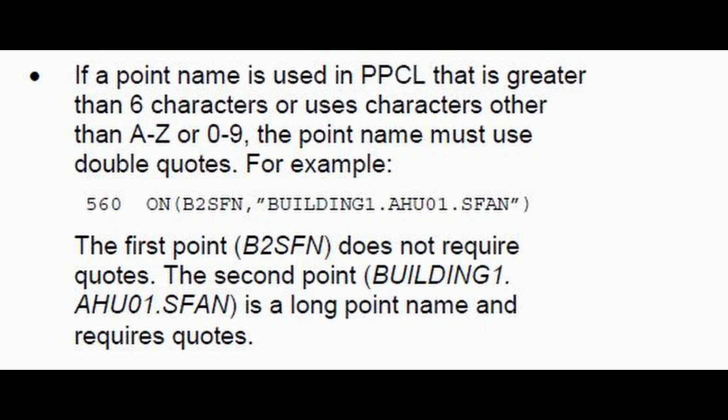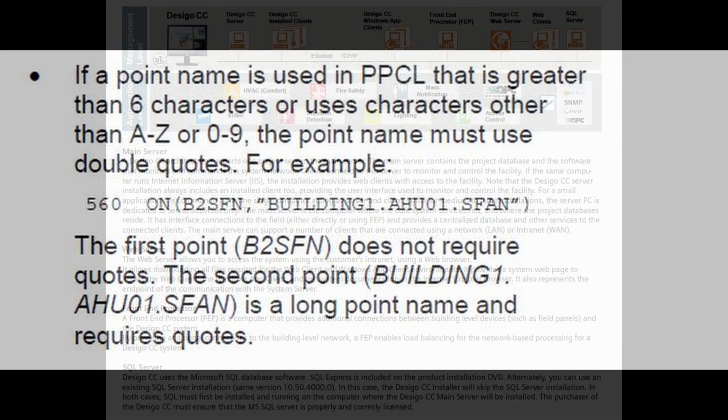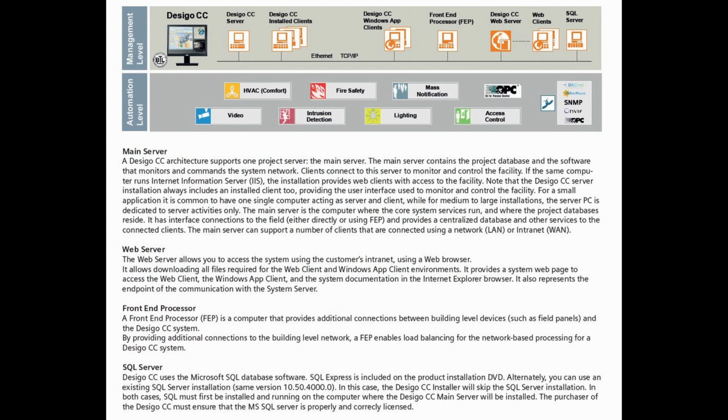Each PPCL program you write must conform to these rules. Otherwise, the computer will not understand what you are trying to communicate. The general rules for PPCL are as follows.